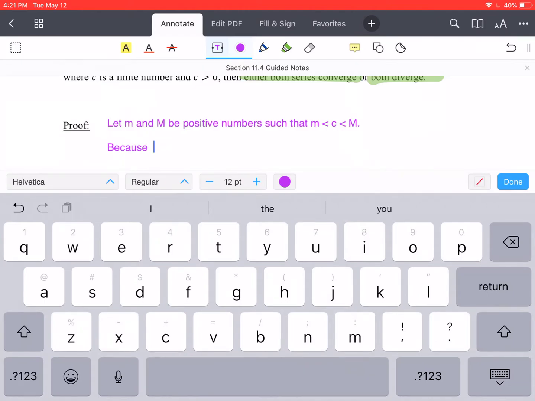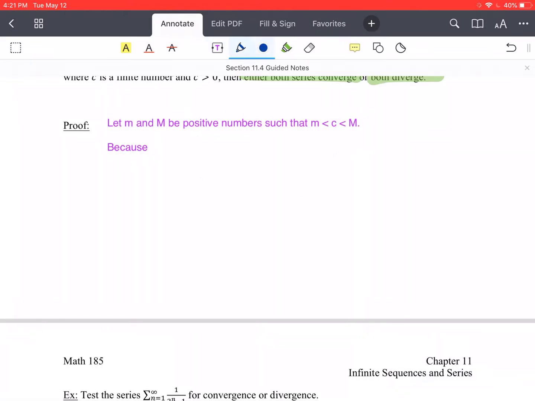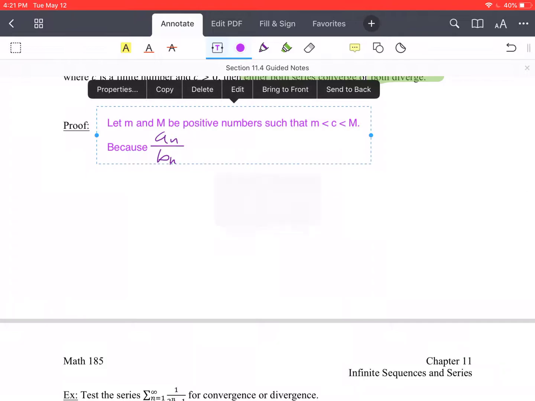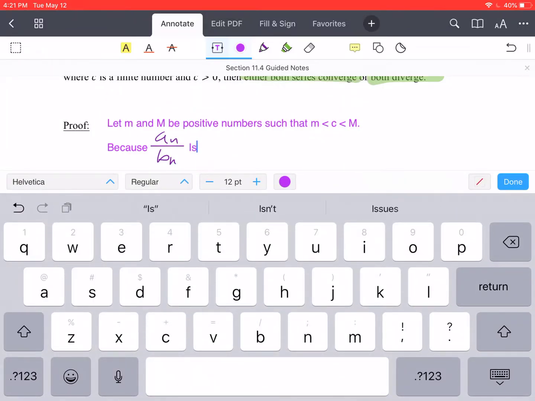Okay, so because that quotient a_n over b_n is close to c for large n.